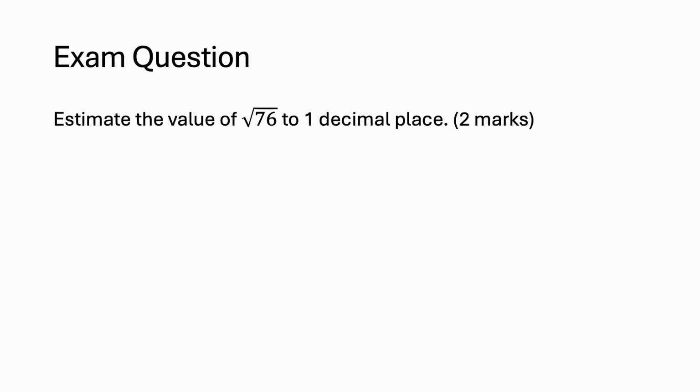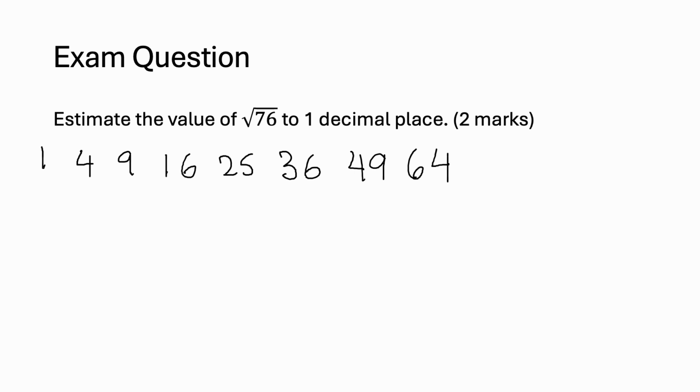So if we think of our square numbers, we have 1, 4, and 9, 4 times 4, which is 16, 5 times 5, 25, 6 times 6, 36, 7 times 7, 49, 8 times 8, 64, 9 times 9, which is 81, and 10 times 10, which is 100.